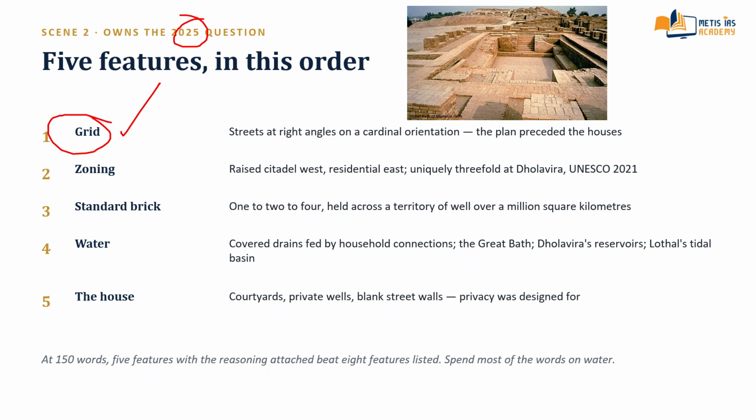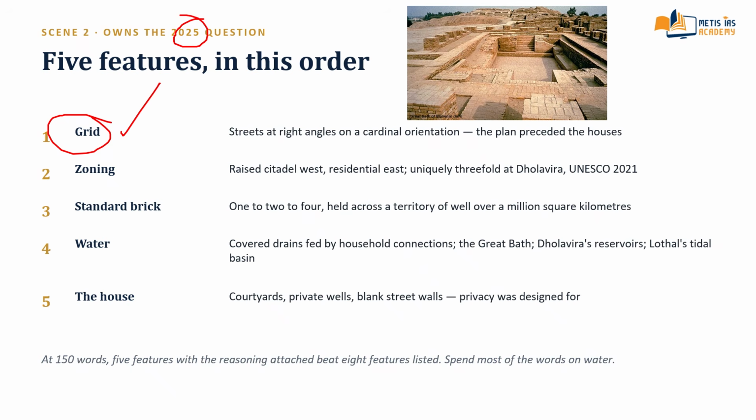Streets laid at right angles and a cardinal orientation, dividing the settlement into rectangular blocks, best seen at Mohenjo-daro and Kalibangan. This is deliberate layout preceding construction. The plan came first and the houses were fitted into it.